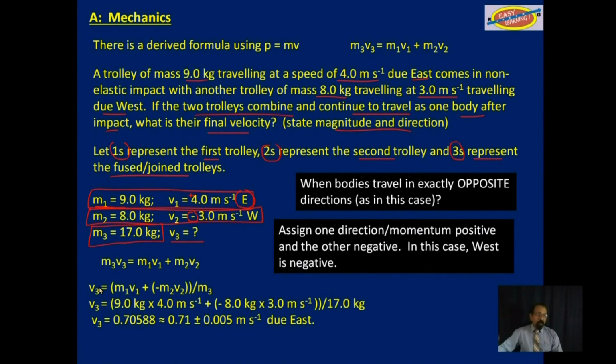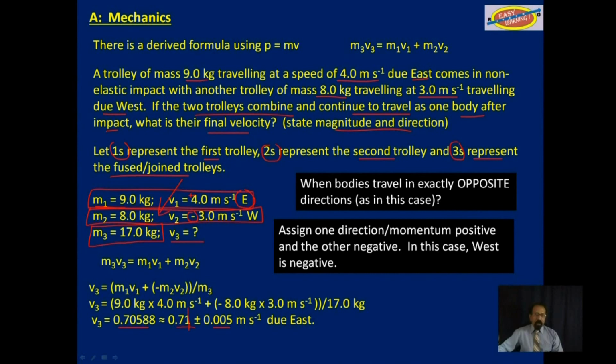We substitute the numbers we have up here, and we end up with 0.70588, which we will round off to two significant figures. But since we are rounding off at this position, we take half of that position, which is 0.005, as our margin of error.